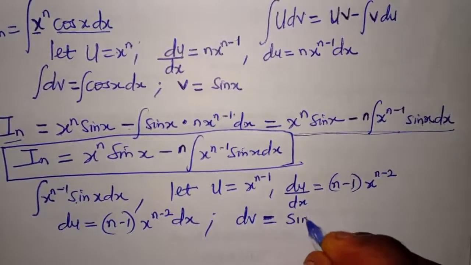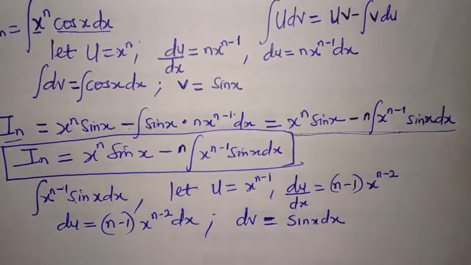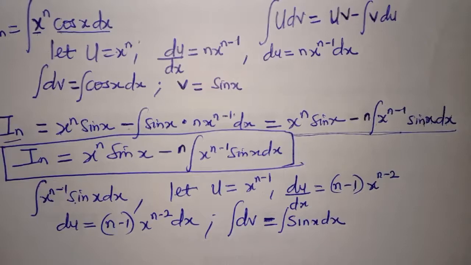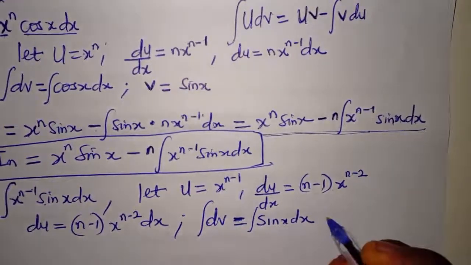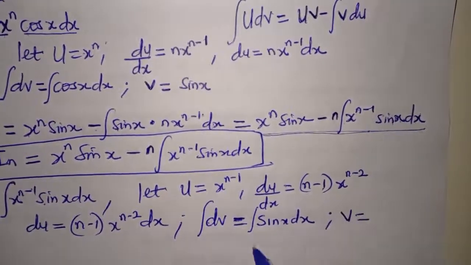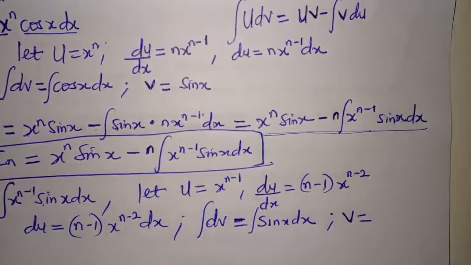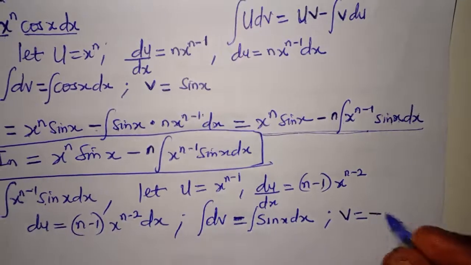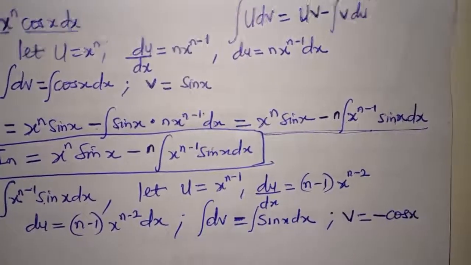That's sine x dx. So if we integrate both sides to get v, the integral of dv is v. Then if we integrate the sine function, we're going to get the negative cosine. Differentiate sine to get cosine. Integrate cosine to get sine. Integrate sine to get minus cosine. So this is minus cos x.